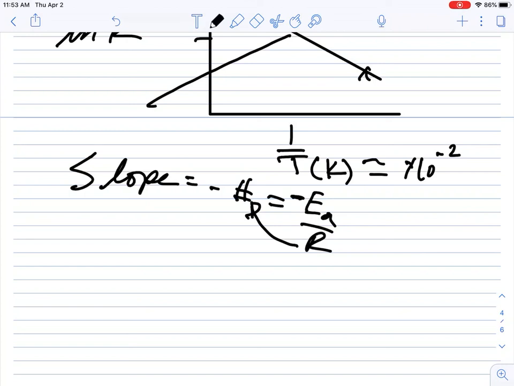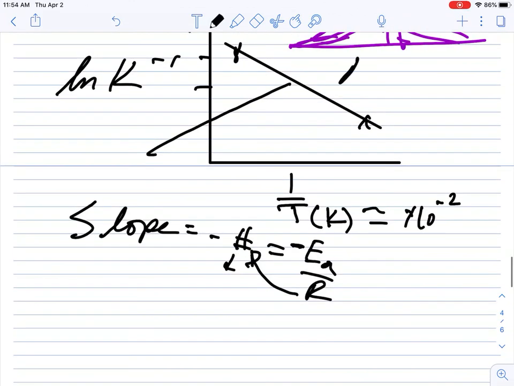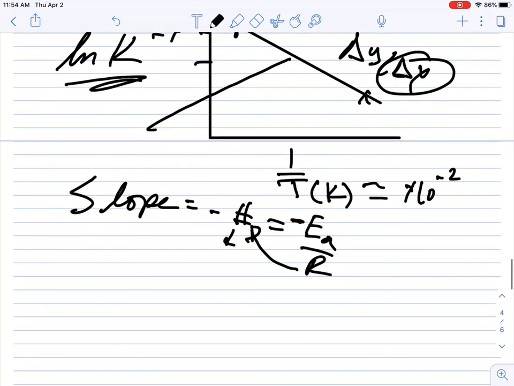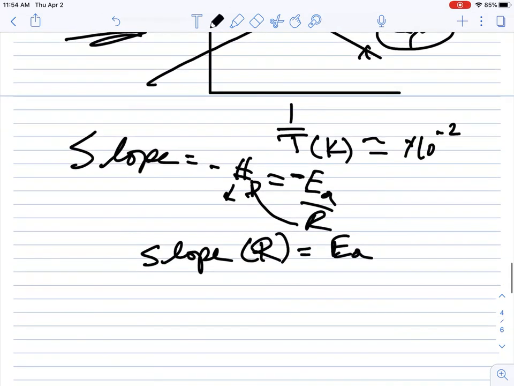Now, this is where the magic happens. This slope is change in y over change in x. Natural log has no units. X is the only thing that has any units, which is 1 over temperature in Kelvin. So you take your slope, multiply that by R, and that's going to equal your activation energy.